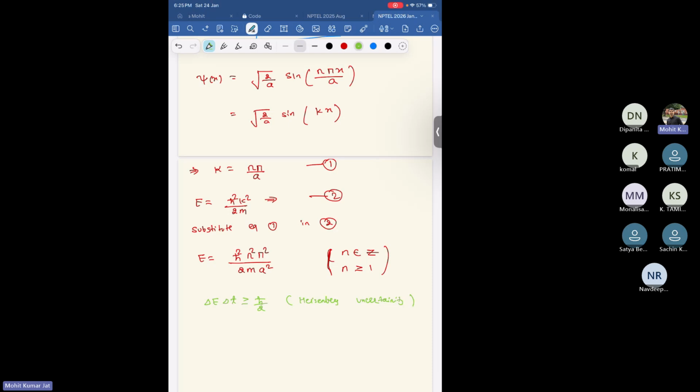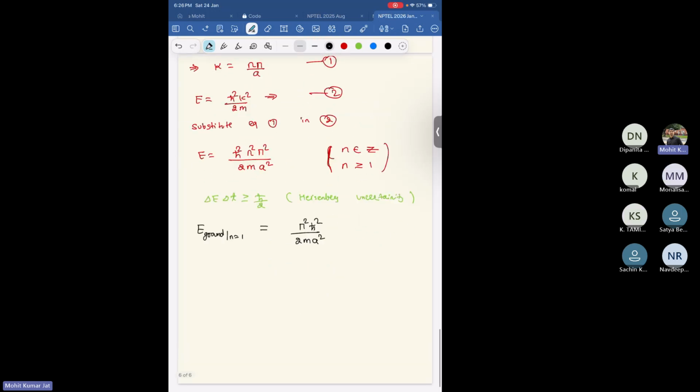Right? If that's the case, in that scenario, your ground state energy will be n equals to 1. So E ground will be for n equals to 1, and that will be pi square h bar square by 2ma square.